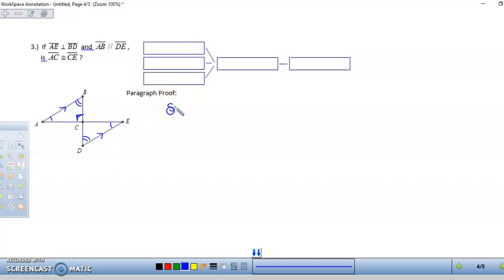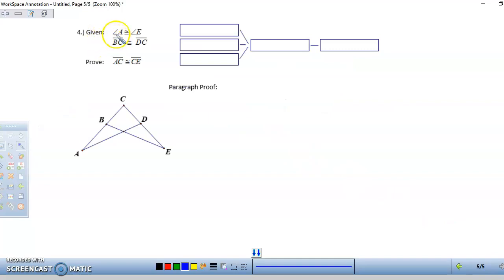So since it's angle, angle, angle, that is not an appropriate congruency reason. So we're going to say that there's not enough information because the triangles could be congruent, but we don't know for sure. So as soon as you know it's either angle, angle, angle, or angle, side, side, if that's a thing, then there's not enough information and we can move on. Okay, so that one does not work.